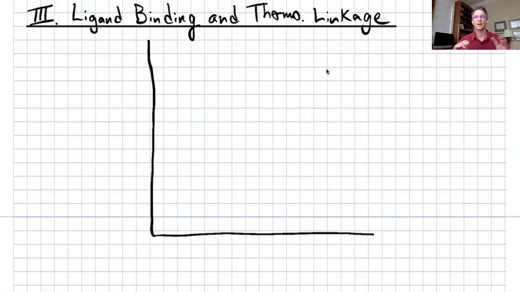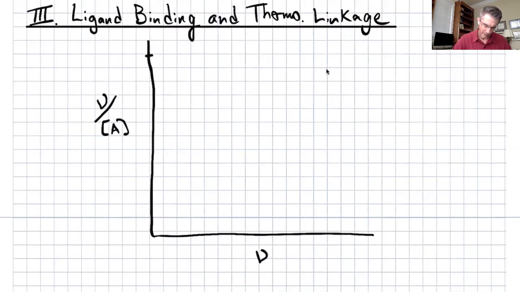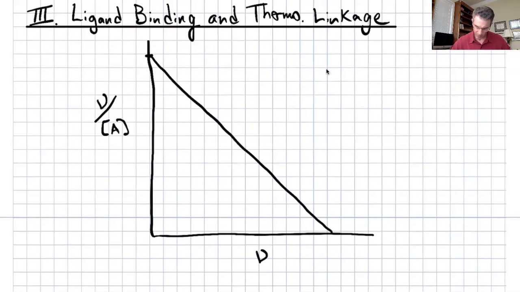And imagine a situation where we had, I'm not going to derive it for multiple sites, we're just going to think about the graphical characteristics here. And you remember that the degree of binding divided by, for example, the concentration of our ligand, relative to the degree of binding. And if you remember, the way this was supposed to work, if you had nice, simple single site binding, you get a nice line of negative slope.